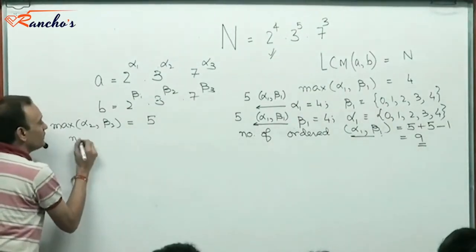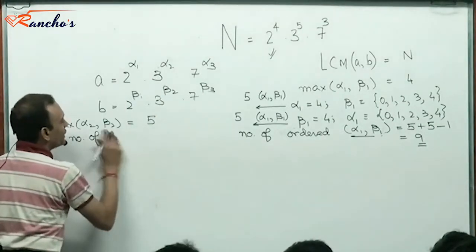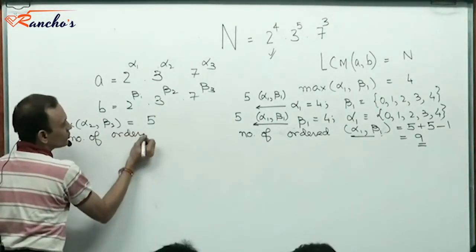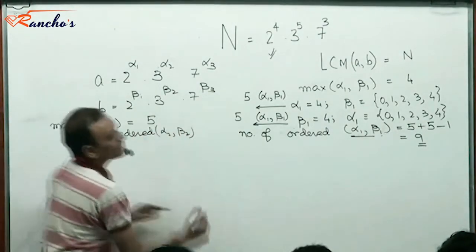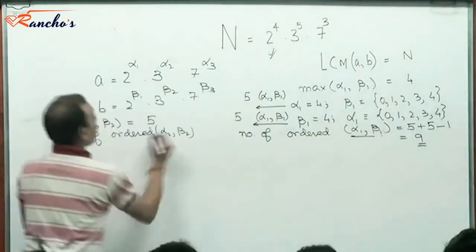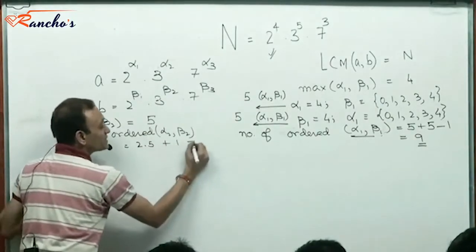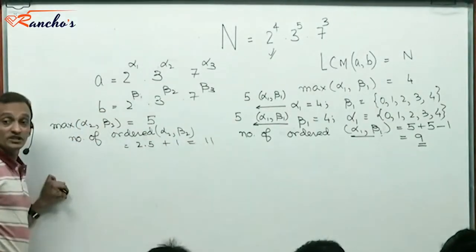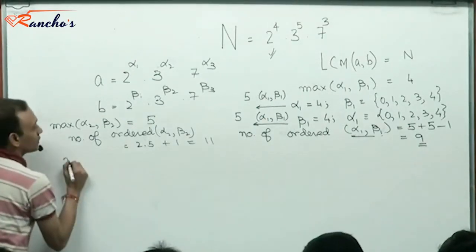That means this would give me the number of ordered alpha 2, beta 2. See, this is actually 2 into 4 plus 1. The number of ordered alpha 2, beta 2 would be 2 into 5 plus 1. That makes it 11 ways in which an ordered alpha 2, beta 2 could be selected, right?